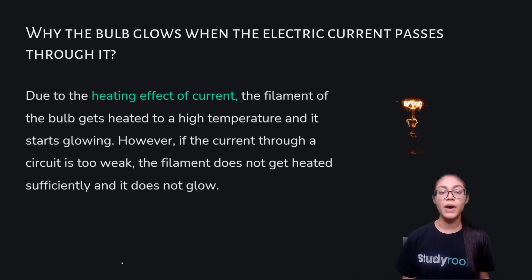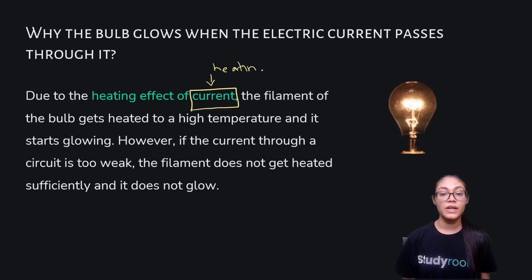Now, why does the bulb glow when the electric current passes through it? What is the reason that it glows? Current has a property called heating. Whenever electric current passes through a wire, we see that heating is produced in it.